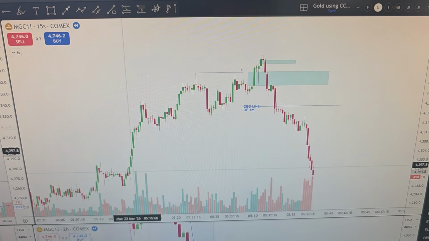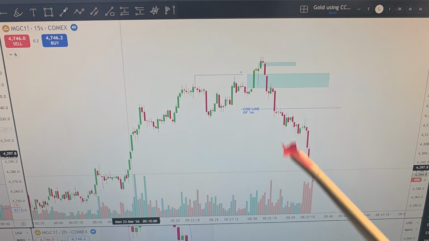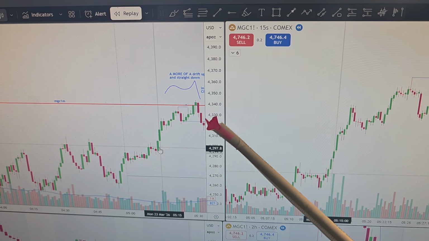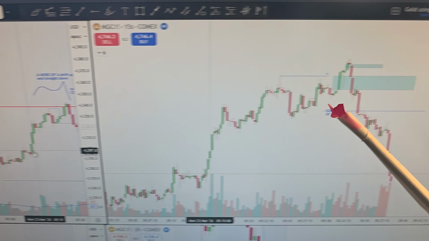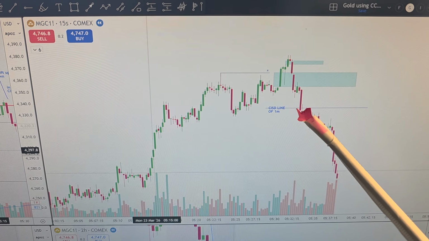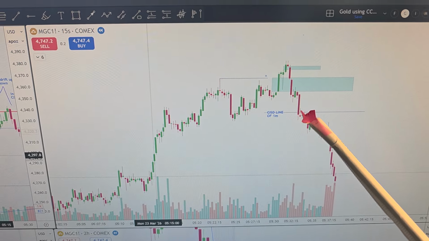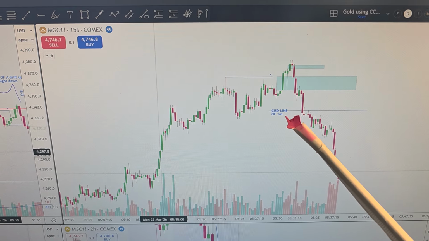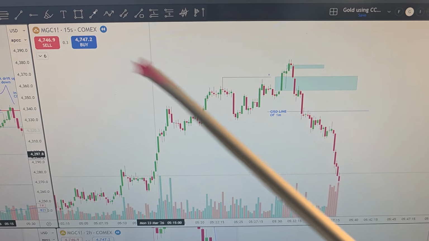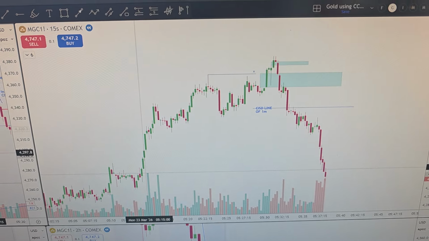On the 15 second, you can see the volume. These candles right there. And we have a good looking close right at the SysD line of the 1 minute, even though this is the 15 second. It's just zooming in.